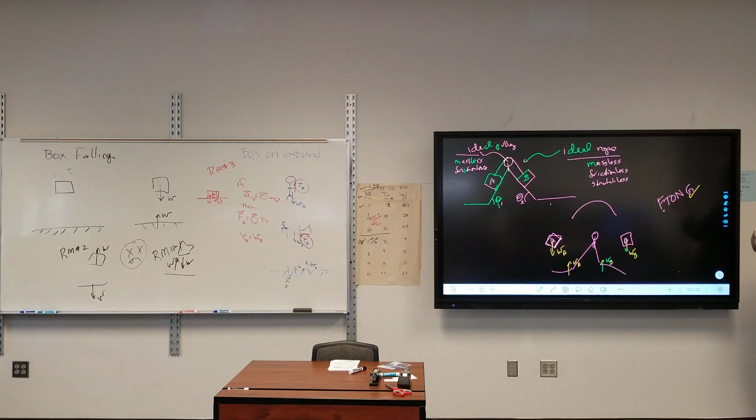I would circle it and write ignore, and that just means I'm not going to worry about it. Officially, it is there, but we are assuming that it is irrelevant. It's an ideal rope, so technically it's massless, and therefore there's no weight. All right, normal force.